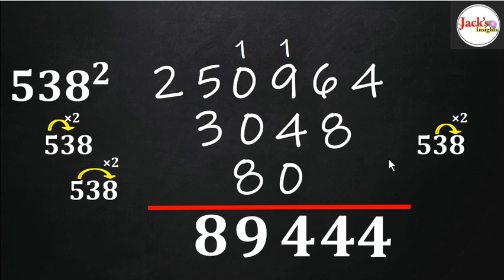And then bring down 2. So we have the square of 538, which is 289,444. Right? So did you get the process? Okay, so don't worry. From time to time, you will be able to master the concept. Just practice squaring numbers in your head.